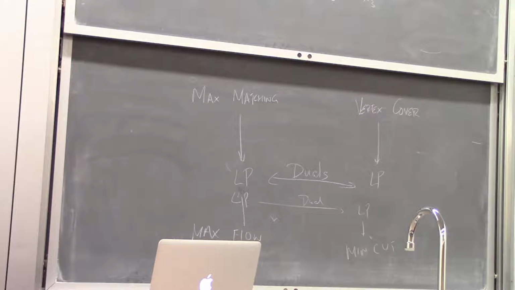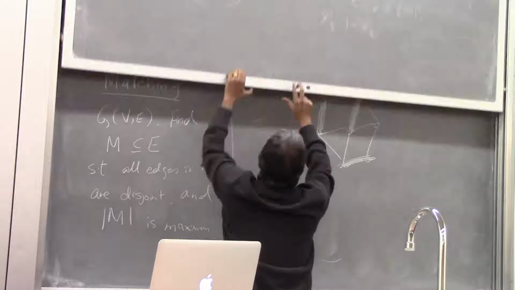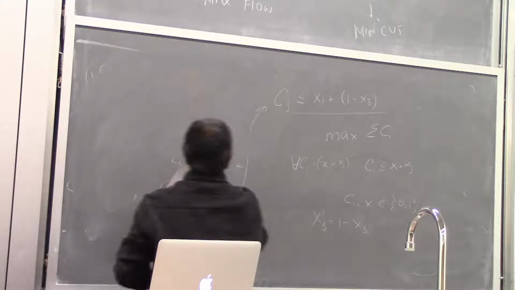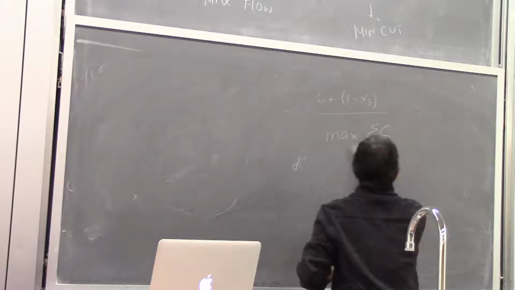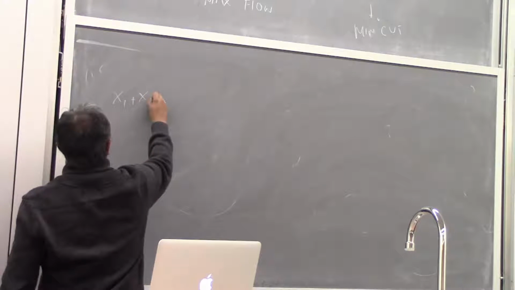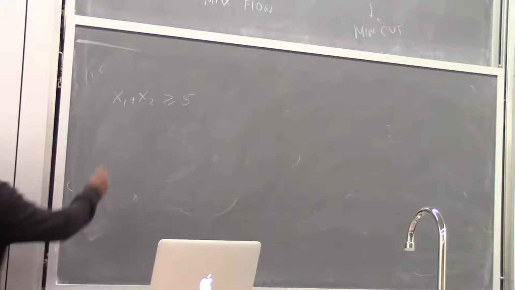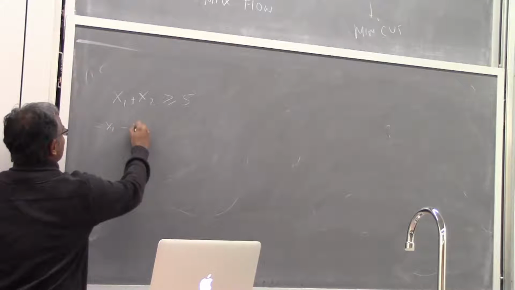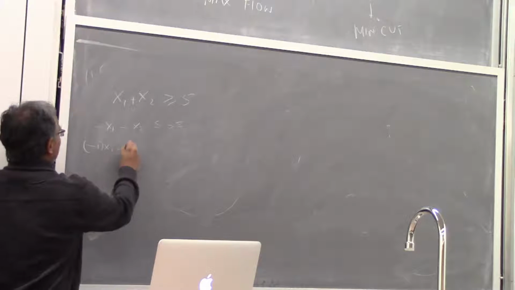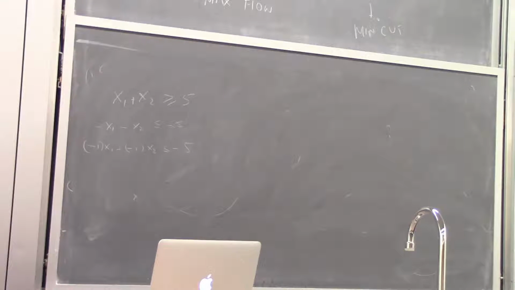Sometimes you may not have that. One thing I said was that if you have a constraint that looks like x1 plus x2 must be greater than or equal to 5, you can rewrite it as minus x1 minus x2 is less than or equal to minus 5, which is basically minus 1 times x1 plus minus 1 times x2 is less than or equal to minus 5, and now you're back in the standard form we said we need to be in.